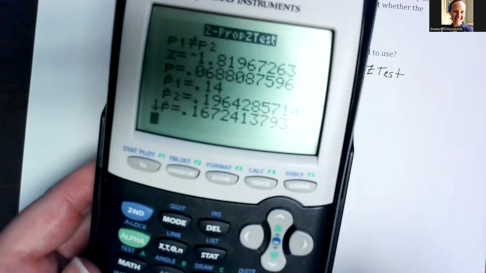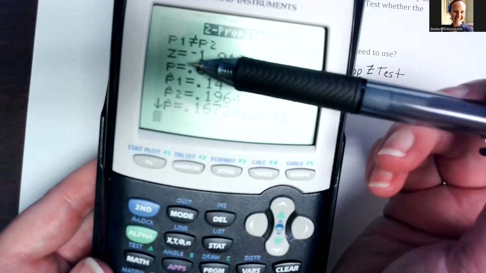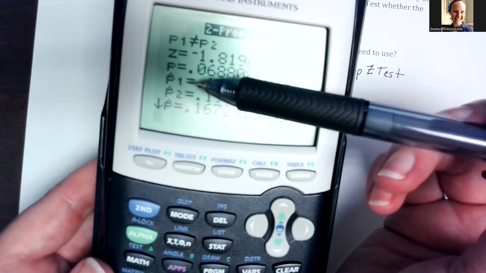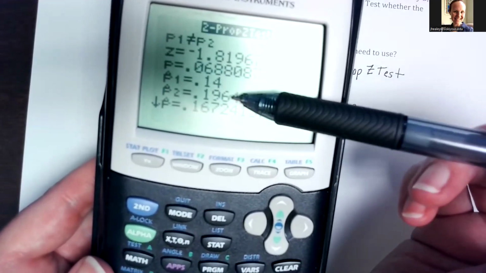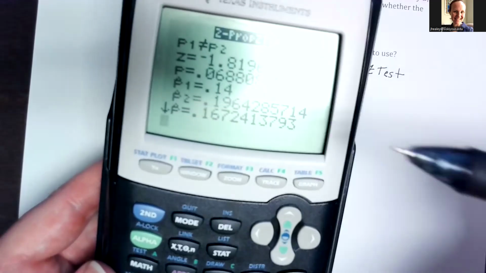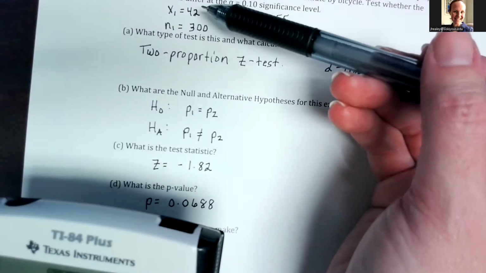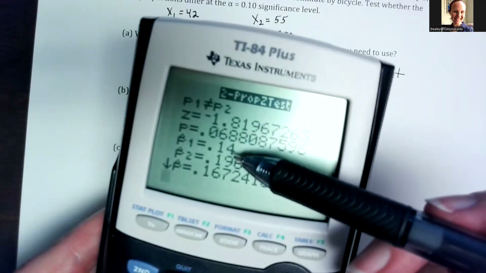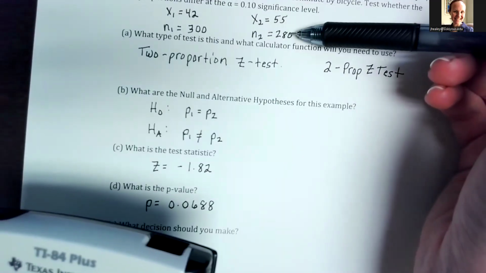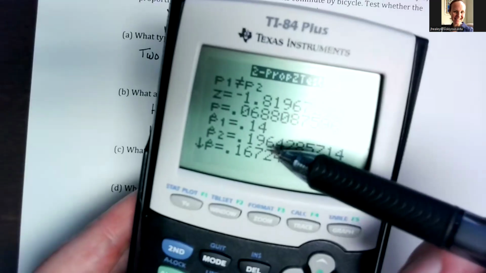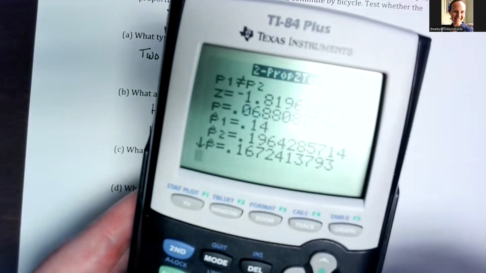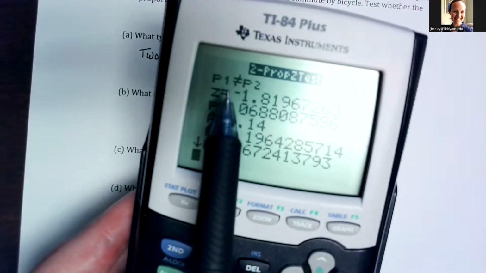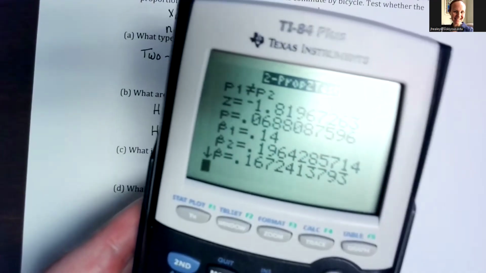So again, when you're looking at the output for this test, you'll see a P and then you have a P hat 1 and a P hat 2. Those are the two numbers that we got when we took our X1 and we divided it by the N1. That gave us the 0.14. And then when we took the 55 and divided it by 280, that gave us the 0.196. So don't confuse those when we're looking for the p-value. We want the p-value that's directly below the z that they give there.